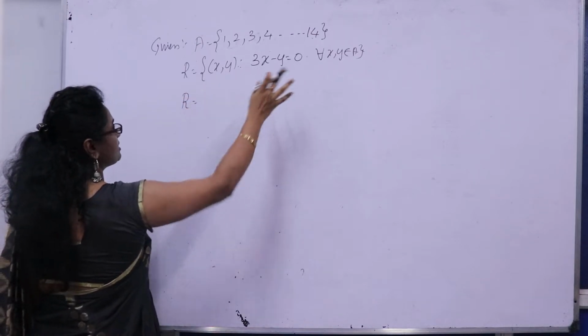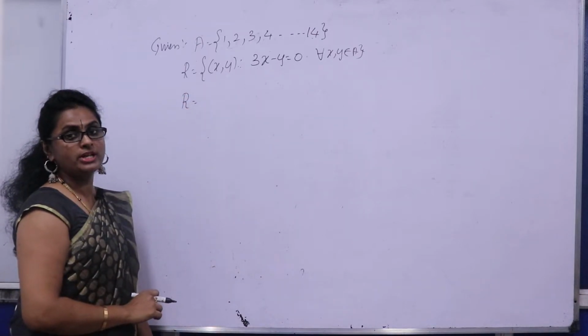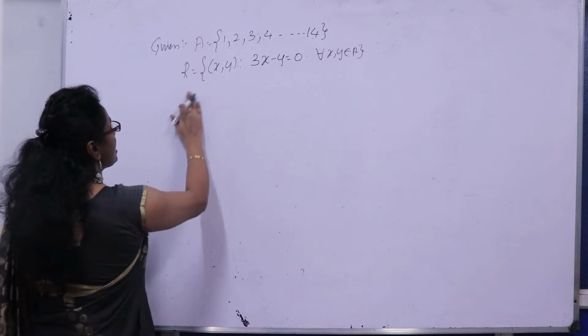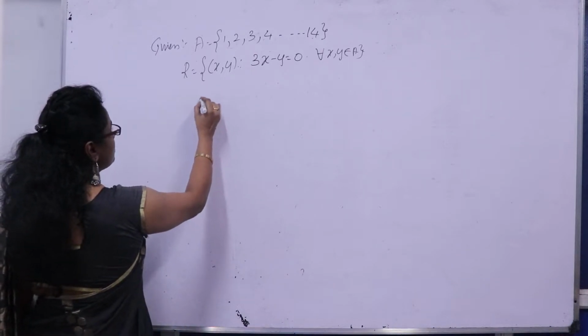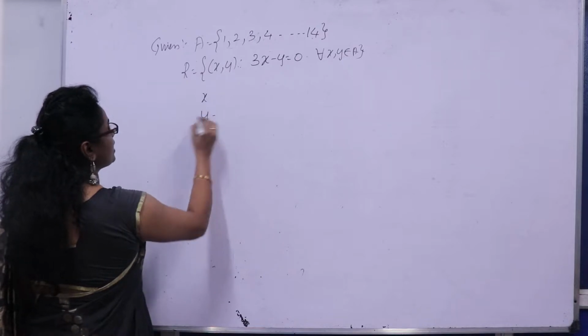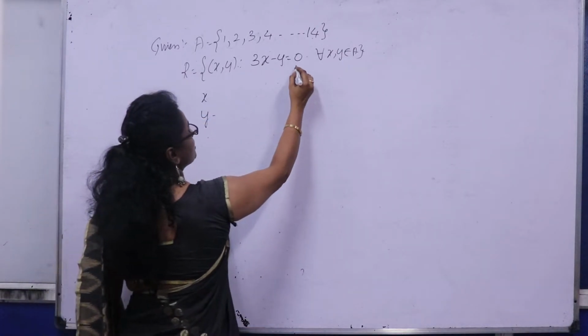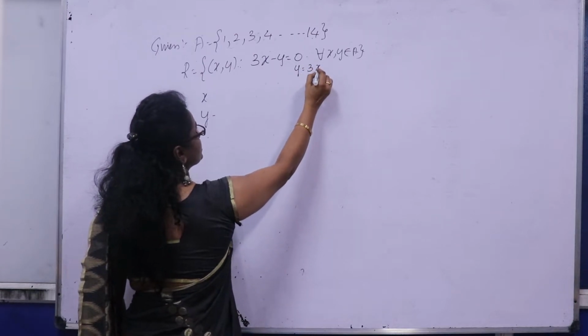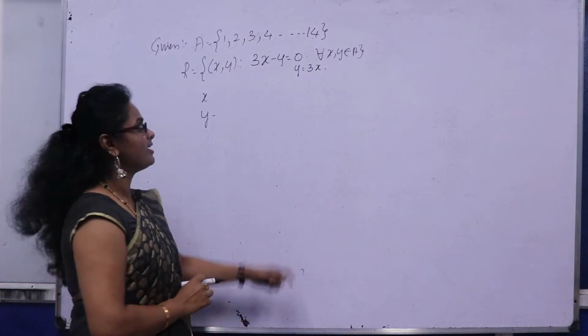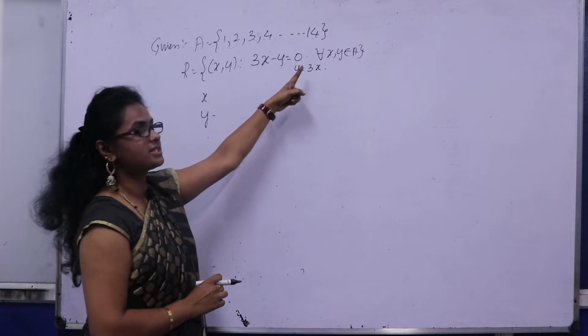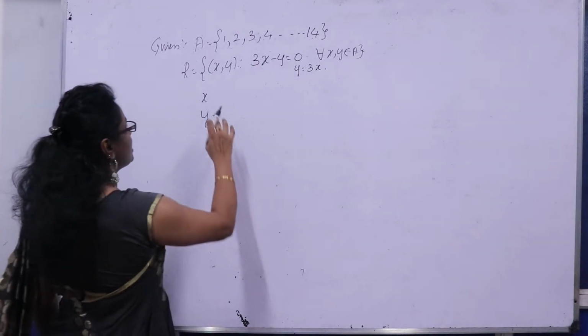With only this, it is very difficult to understand, so I'll go by taking x and y. This can be written as y = 3x.